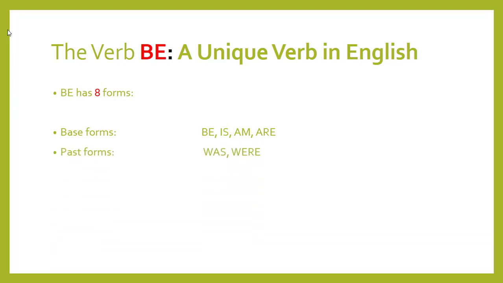While its past forms are 2 in number: was and were. Its past participle form is been and its present participle form is being. So the verb be is a unique verb in English. It has 8 forms.